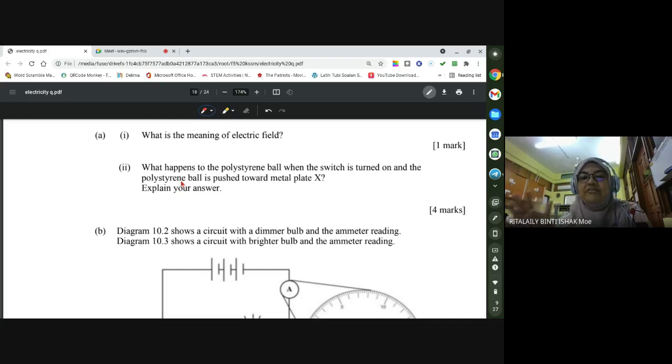Point 5, same charge will repel, and point 6, the ping pong ball will be oscillating back and forth between plate X and plate Y. Okay, so any of the 6 points you can get marks for A2.